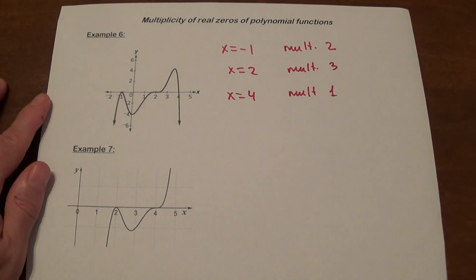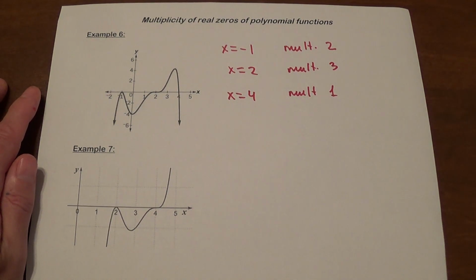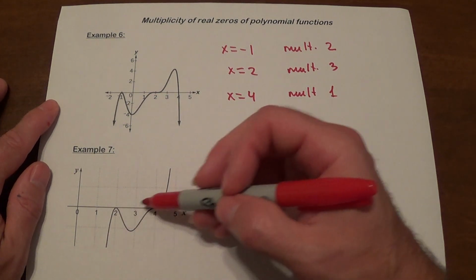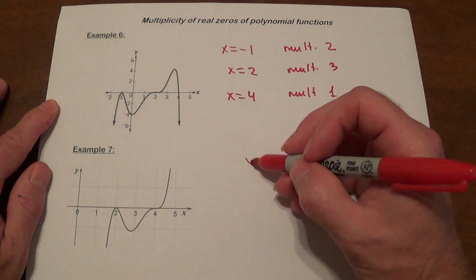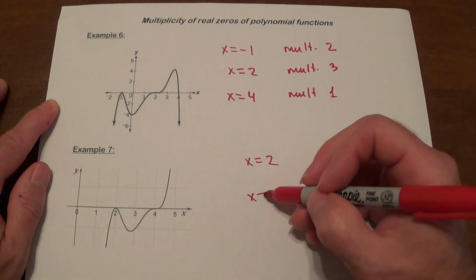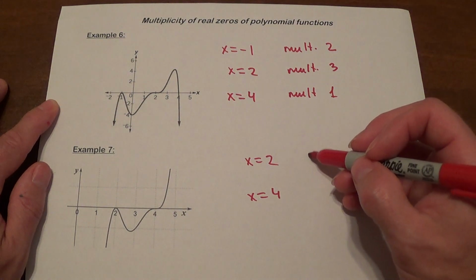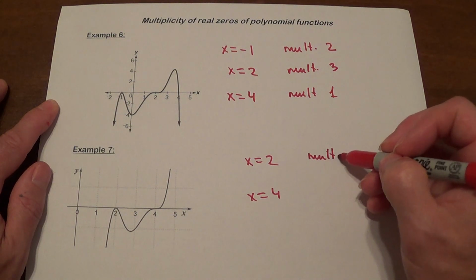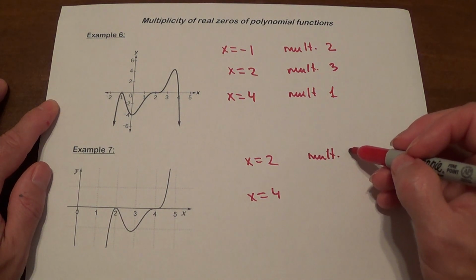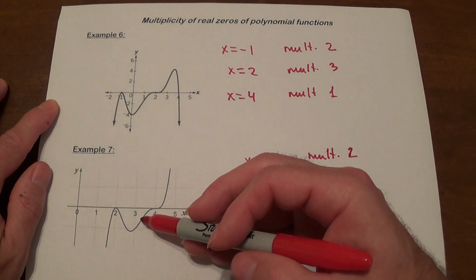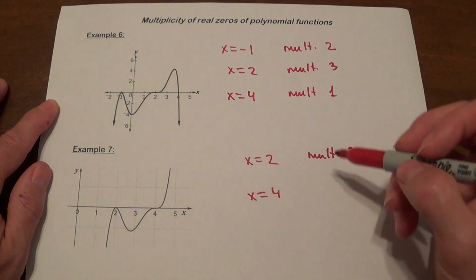And our last example here, we are going to have only 2 points. So x equals 2 and x equals 4. So at 2, the graph bounces. That means multiplicity here has to be at least 2. Over here it rises, flattens, rises.